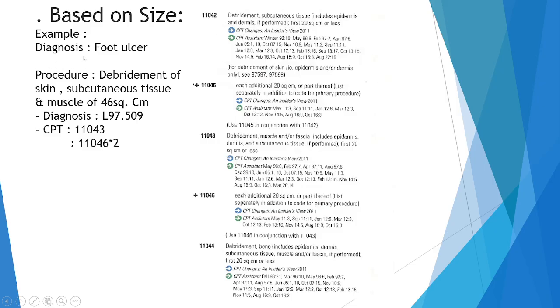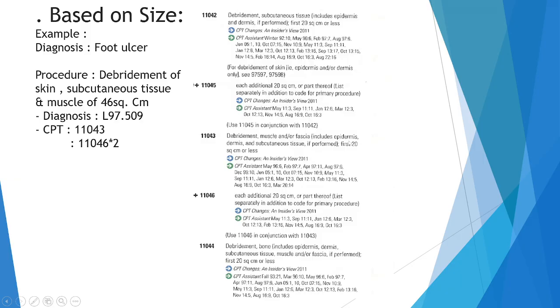So for example, diagnosis: foot ulcer. Procedure: debridement of skin and subcutaneous tissue down to the muscle level, 46 square centimeters. So the diagnosis is L97509. Navigation will be simple: foot ulcer, and how we code. Which level, subcutaneous or muscle? Muscle level will be taken. Muscle level, 46 square centimeters.